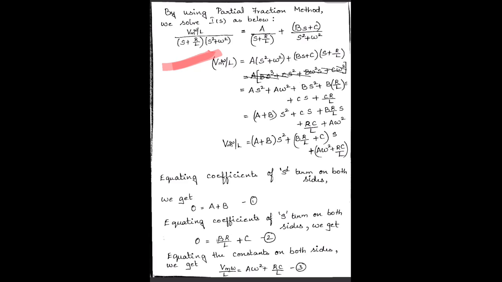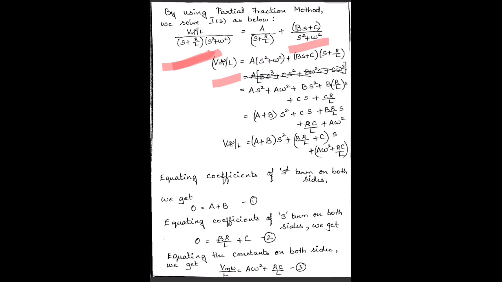As you all know, you will apply the partial fraction technique: A divided by s plus R by L for that term, and for s squared plus omega squared you will have Bs plus C divided by s squared plus omega squared. Now cross multiply and cancel out the LCM on both sides. You will get Vm omega by L on the left hand side, and A into s squared plus omega squared plus Bs plus C into s plus R by L on the right hand side.